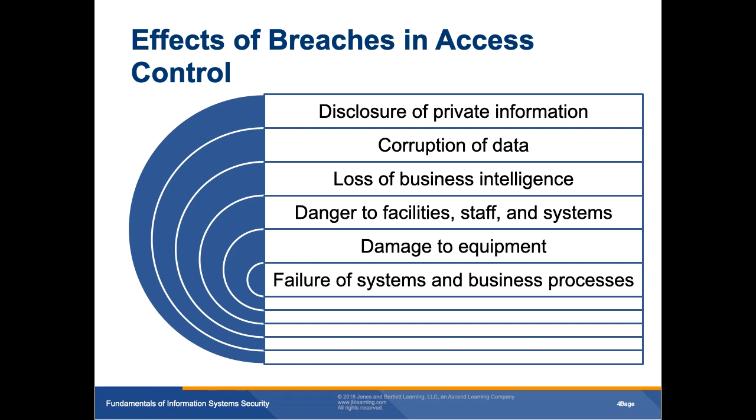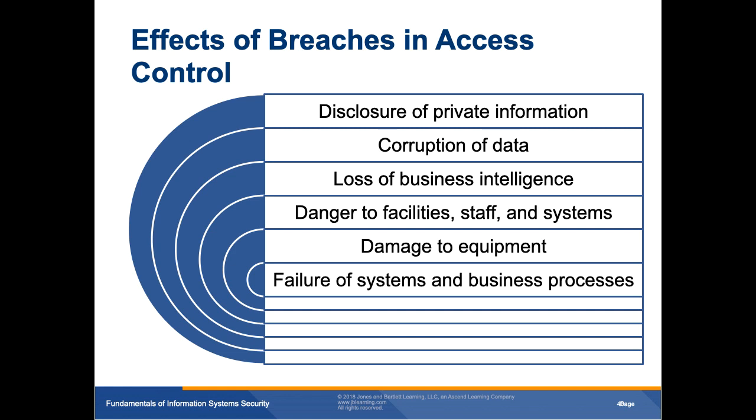And then, so effects of breaches and access controls, right? So private information, data loss, right? Or corruption of data. So the first one is you actually lose the data, it gets out in the public, it's no longer private. Second one is we have our data, but it's corrupt, it's damaged, right? So we can also lose some of our business intelligence. You could have access into the facilities, right?